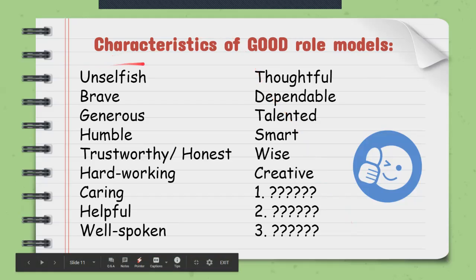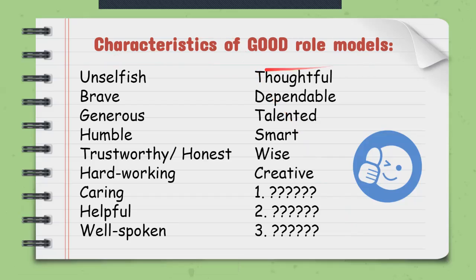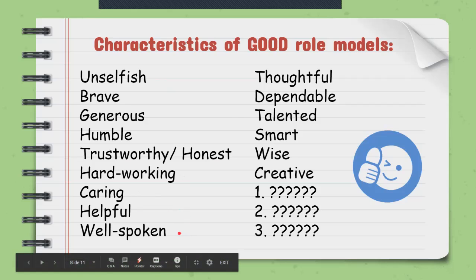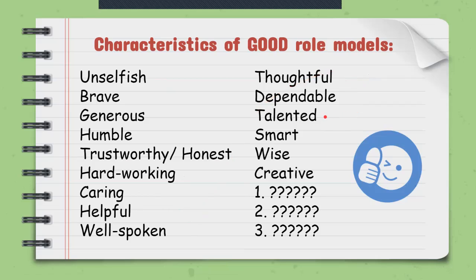Here are some characteristics of good role models. Usually, when we are talking about good people and good role models, we think they are unselfish, brave, generous, humble, trustworthy, honest, hardworking, caring, helpful, well spoken, thoughtful, dependable, talented, smart, wise, creative.